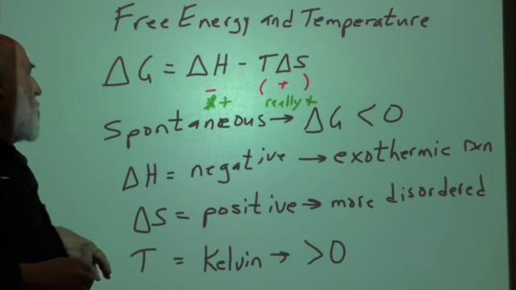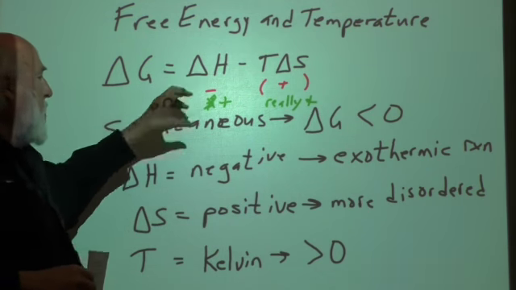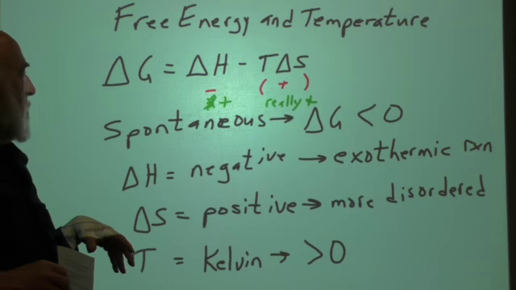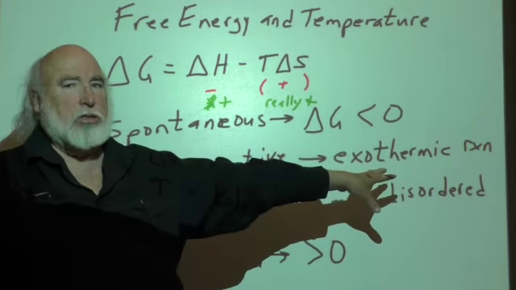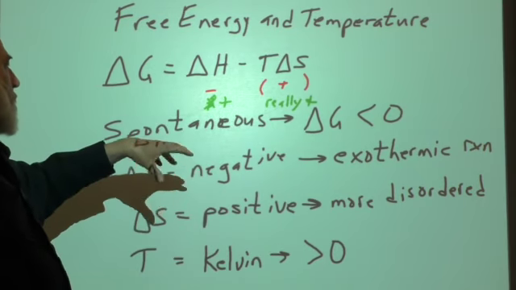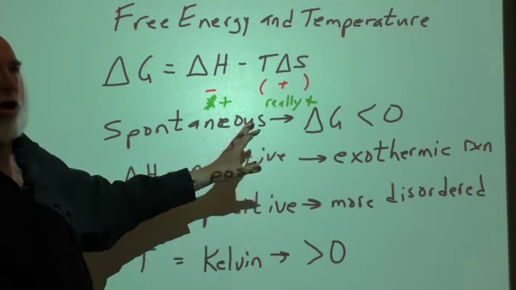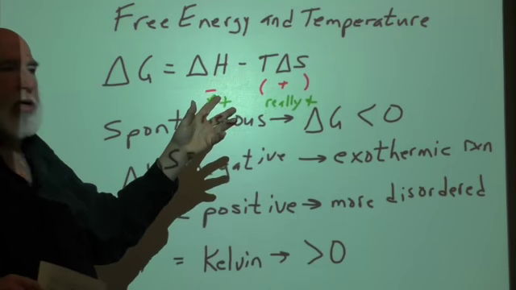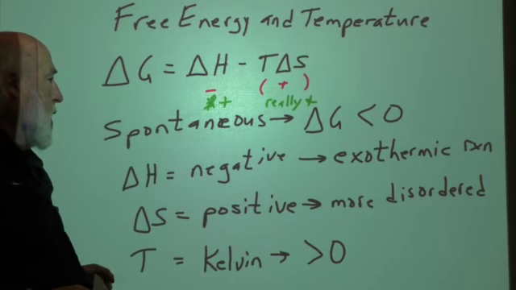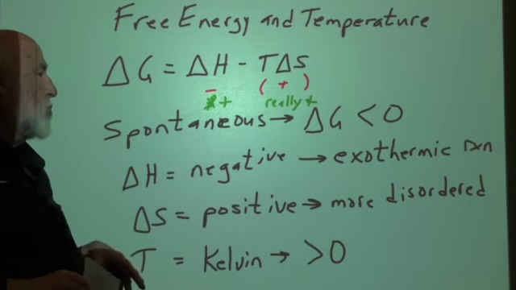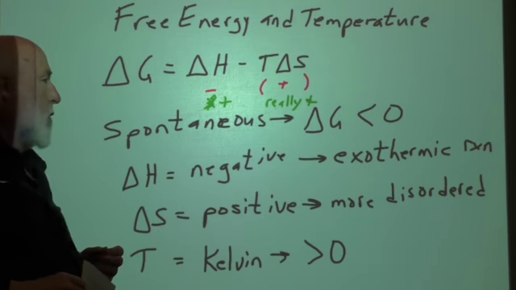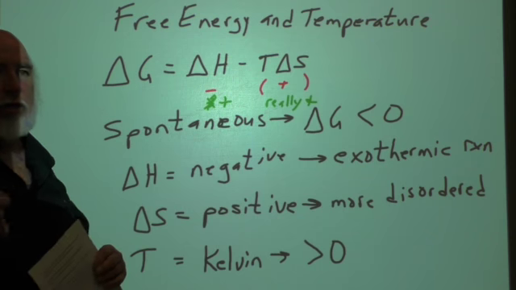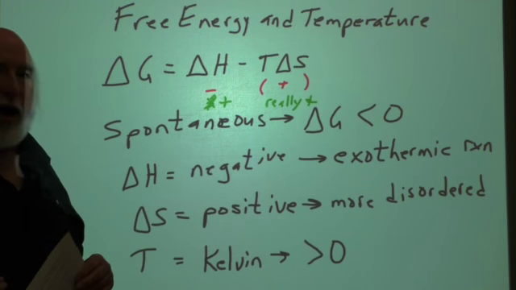So we know that if this is going to be a negative value, the odds are that it is going to create a negative value. So that means exothermic reactions will tend to be a leading cause for a reaction to be spontaneous. So exothermic reactions, where delta H is negative, as we said, are basically the majority of natural reactions.